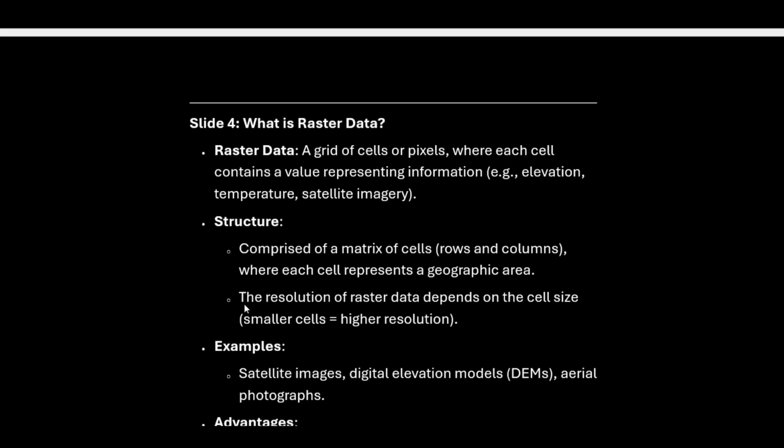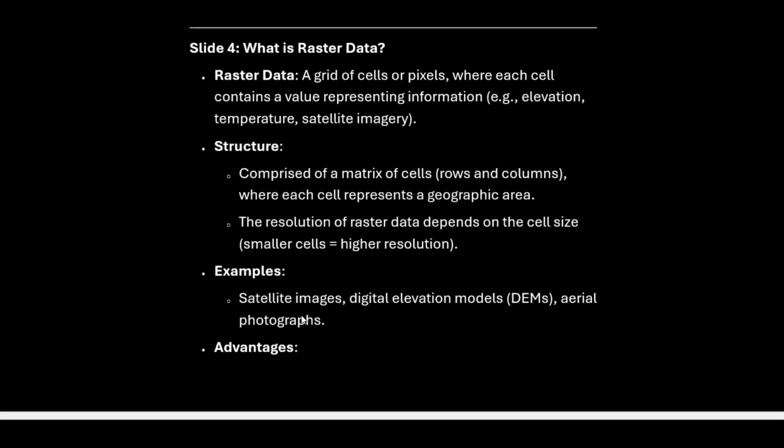The structure of this, you can read through. Just some things about the cell size and the resolution, and then we have some examples here: satellite imagery, digital elevation models, also called DEMs, which we'll cover later, and aerial photography. Those are all examples of raster data.